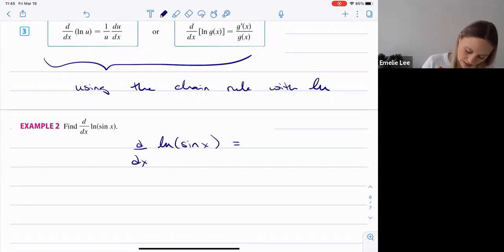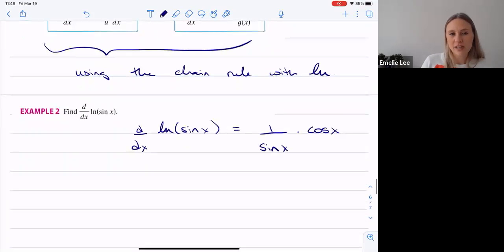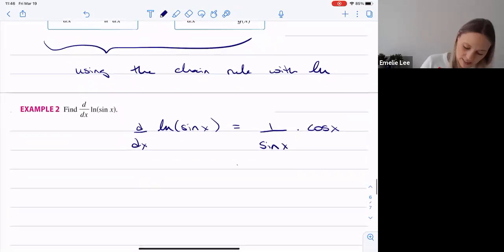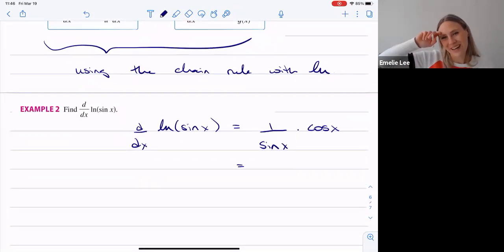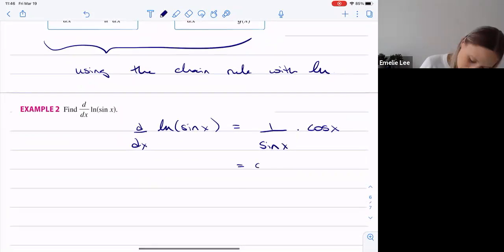I can just say that this is equal to 1 over sine x times the derivative of sine x, which is cos x. Again, you're fine to just leave it as cos x over sine x, or if you think I must be able to simplify that, then it's the cotangent of x, just to clean it up a bit.